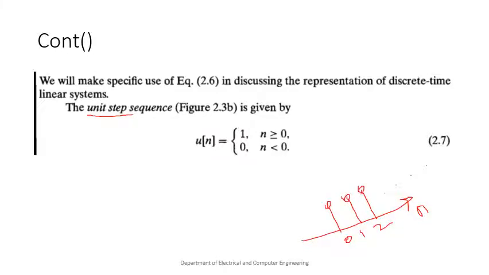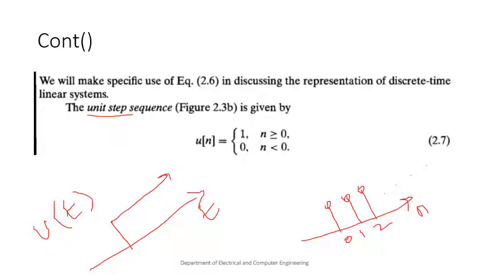Keep in mind, we are not putting an arrowhead on top of this. This is discrete. Unlike u of t, which is the unit step signal in continuous time, this was like this. Unit step.